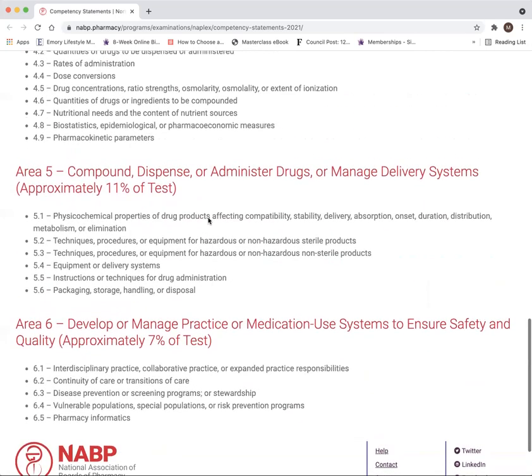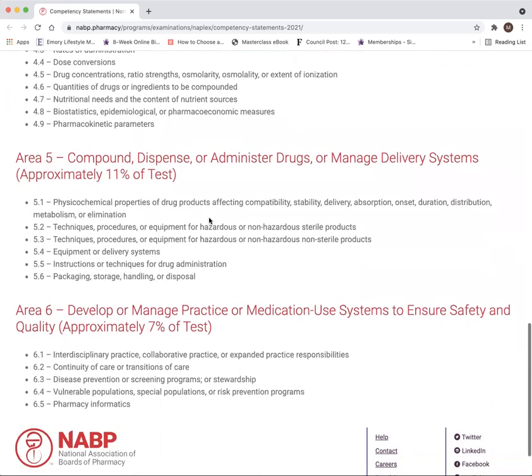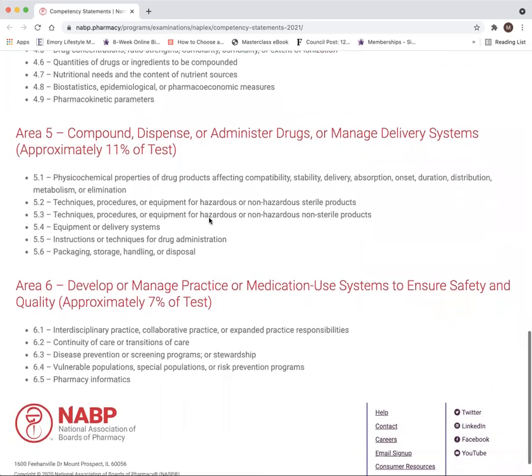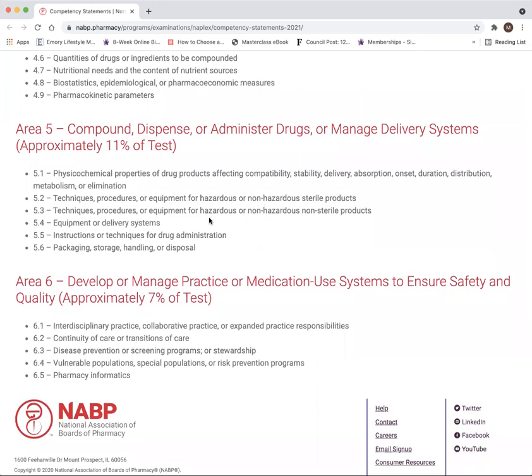And area 5 is about 11% of the exam. This is where we look at managed drug delivery systems. This is more about, I believe, compounding, knowing which medications are hazardous and which ones are not.